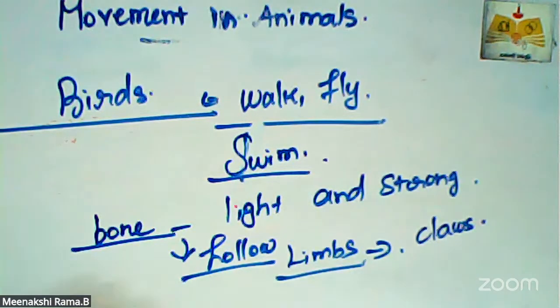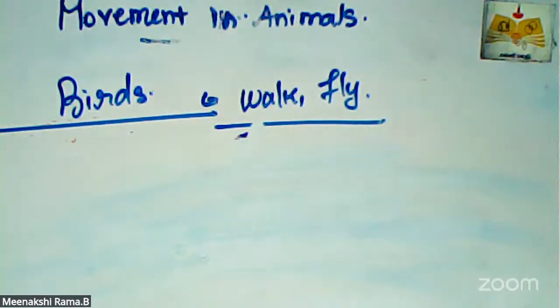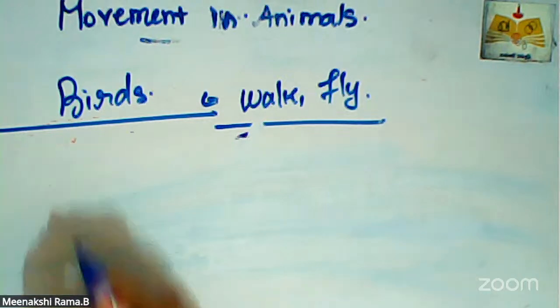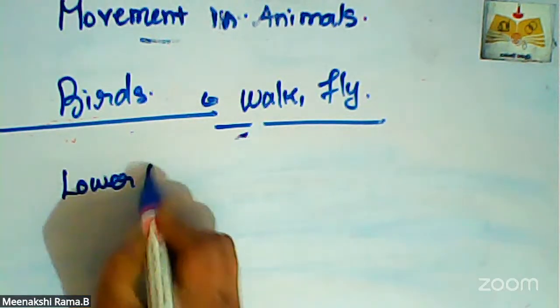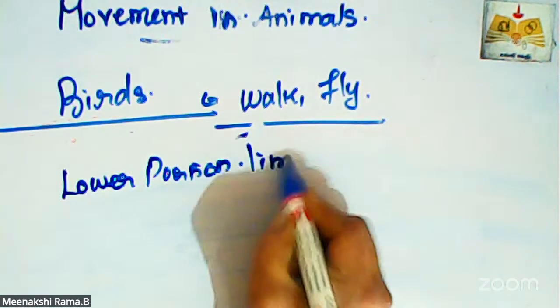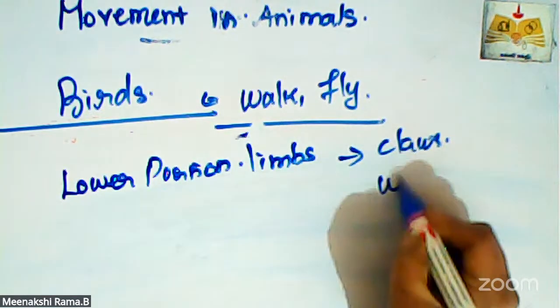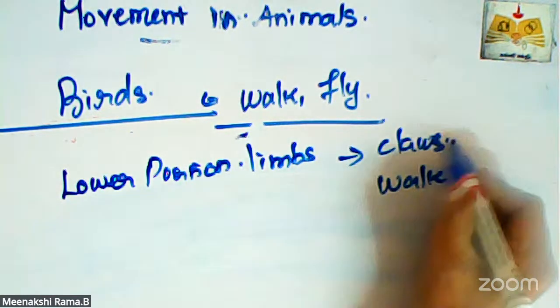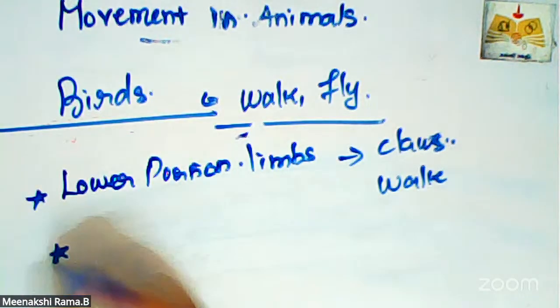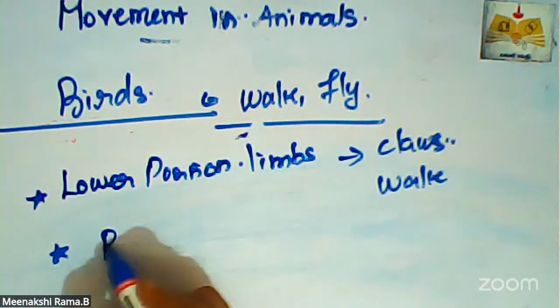Next part is, first, the lower portion of the limbs are modified into claws. They help to walk. That is the first one. And then the second special feature, breastbones are modified into massive flight muscles.